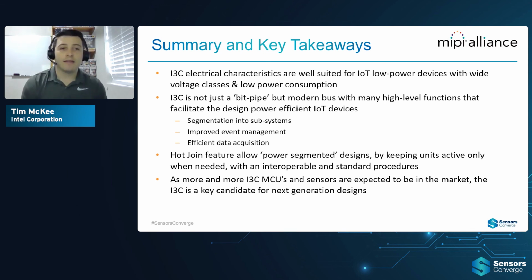On top of that, the hot join feature allows for those power segmented designs, keeping only units active when needed, great for power efficiency. And as more and more I3C controllers and sensors are expected to be in the market, I3C is just a great candidate for next generation designs as well.